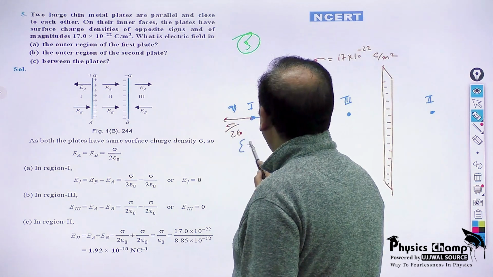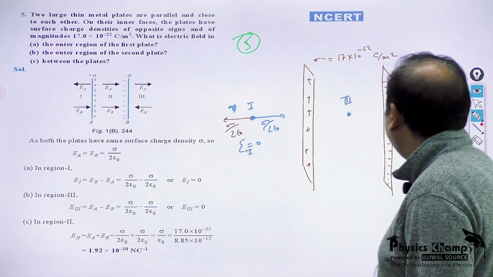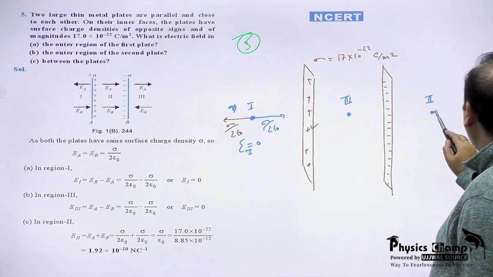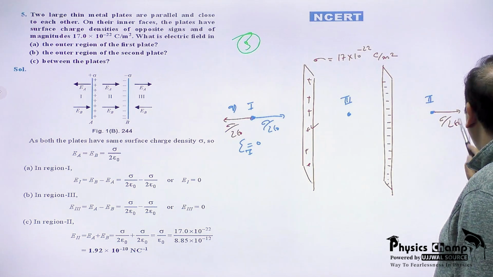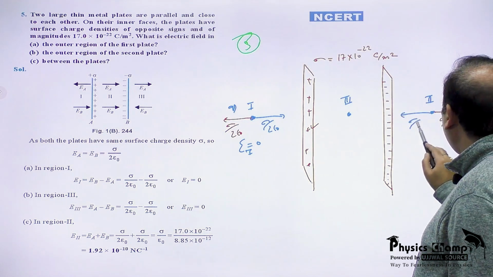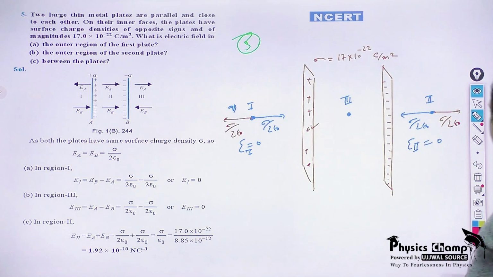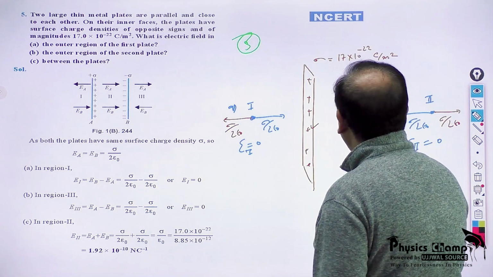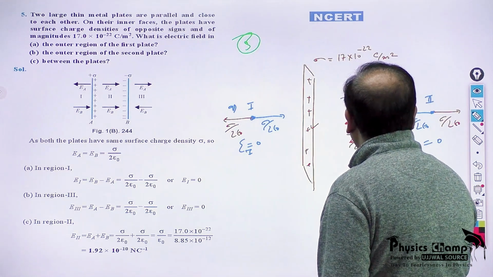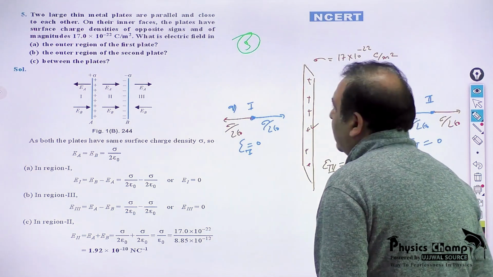So the electric field in the second region is also 0. But in the central region, due to the first it will be sigma by 2 epsilon naught, and due to the second also sigma by 2 epsilon naught. So the electric field in the third region will be sigma by epsilon naught.